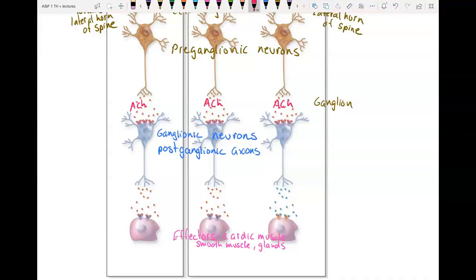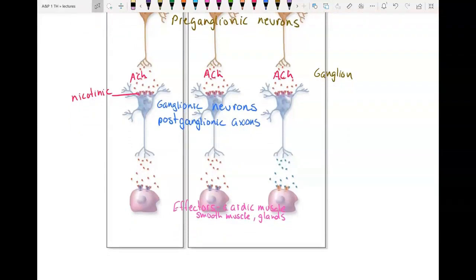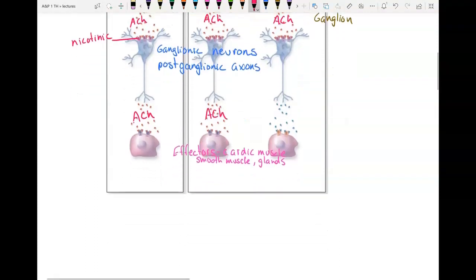And these are going to be nicotinic receptors. And that is consistent throughout. So all three of these are nicotinic receptors. Then when we come down to the postganglionic secreting neurotransmitter onto the effector, here we have acetylcholine, here we have acetylcholine. And this time it's going to be muscarinic receptors.